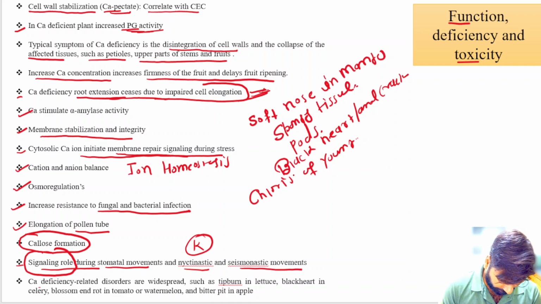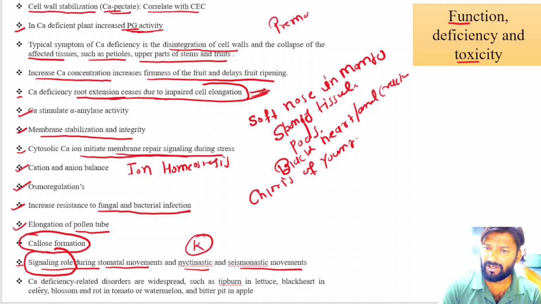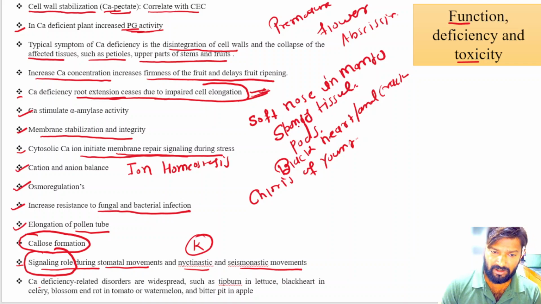Then premature flower abscission. Okay, blossom end rot in tomato and watermelon. Then cavity spot in the carrot.